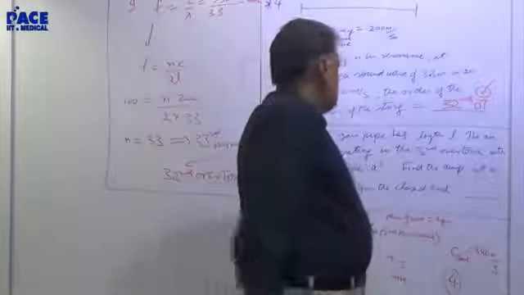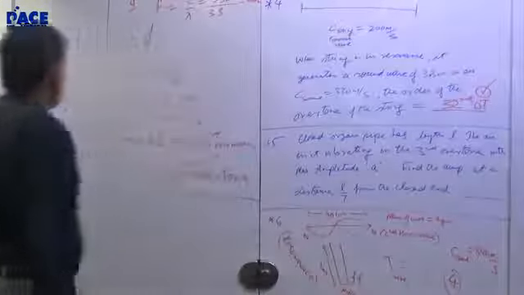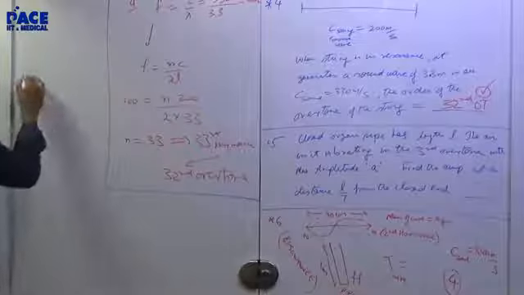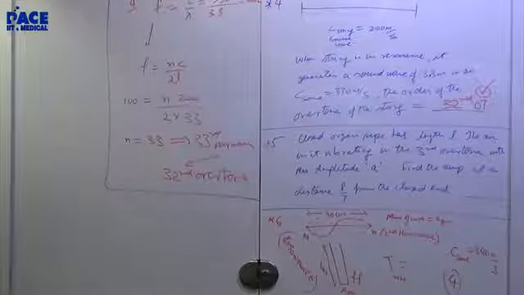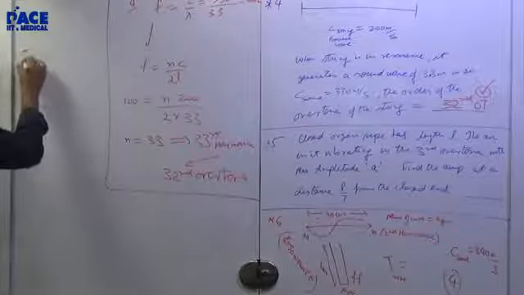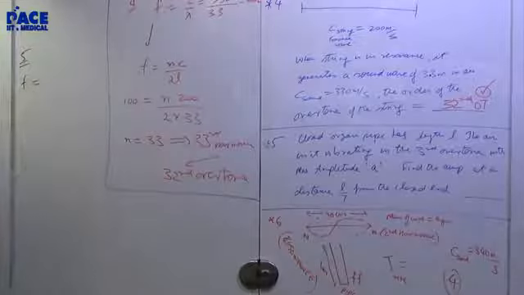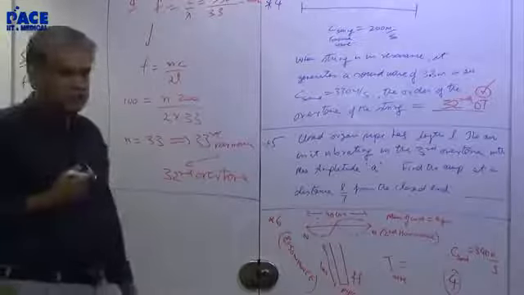Third overtone means what? What is the frequency in the third overtone? Fifth question here. Frequency in third overtone will be 2n plus 1.